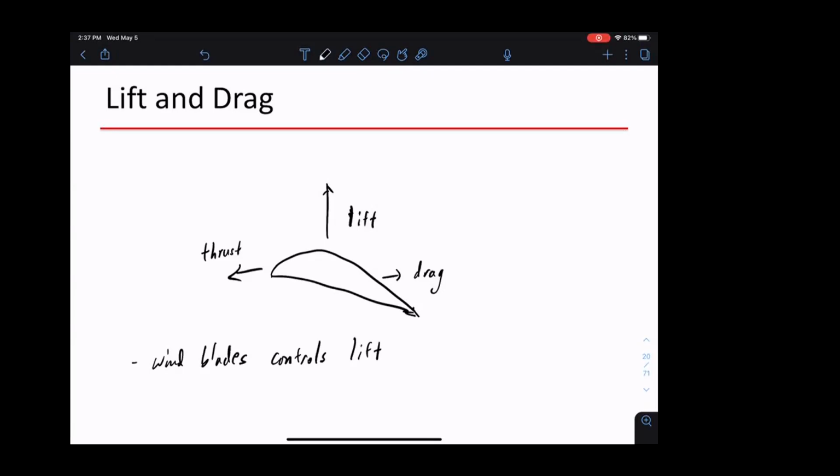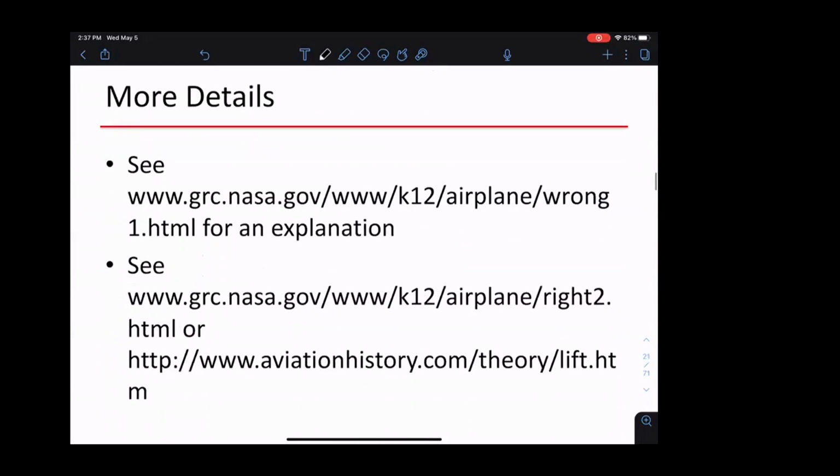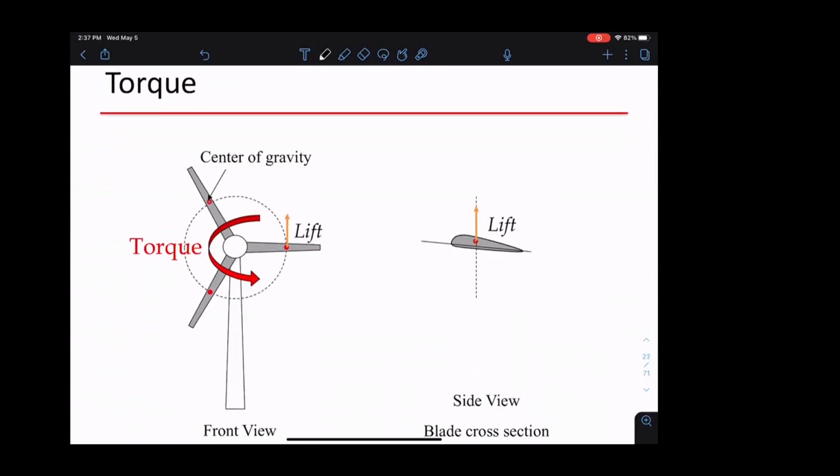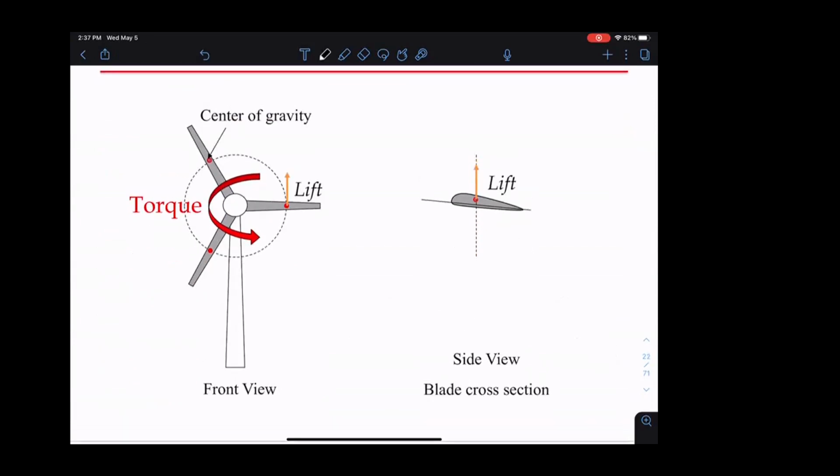Okay, if you're more interested in airfoils and how airplanes work, and you want to see some fancier simulations, there are NASA websites devoted to showing this kind of picture. But for us, what we care about is mainly generating torque, right? The way we get power is, if you look at the front view of a wind turbine, we generate lift, but since the blades are fixed on the tower, the lift gives you torque.